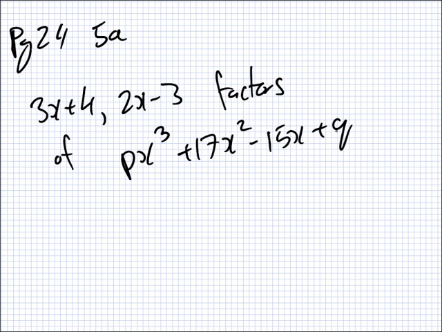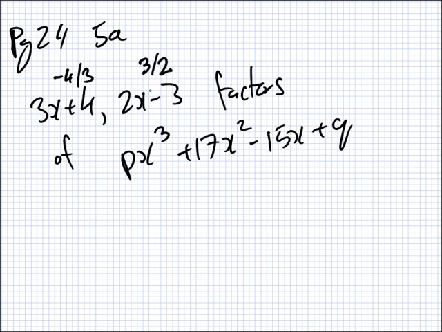Zero. There's no remainder. And how do you calculate the remainder? You substitute minus 4 over 3 and 3 over 2.